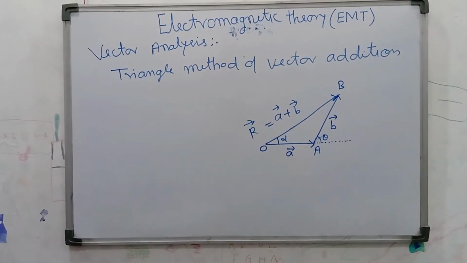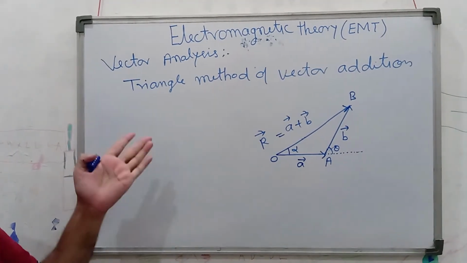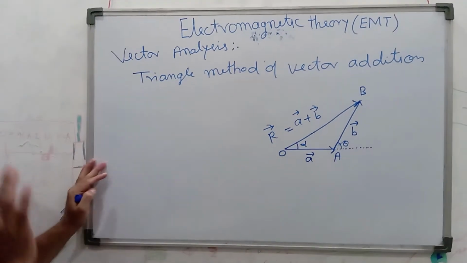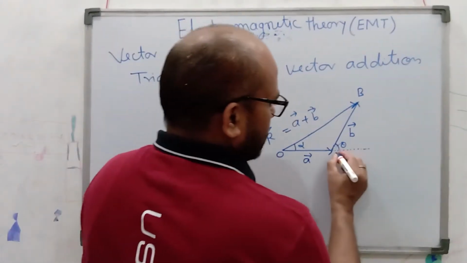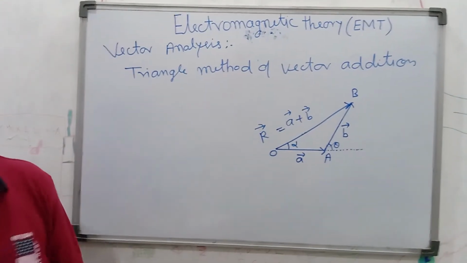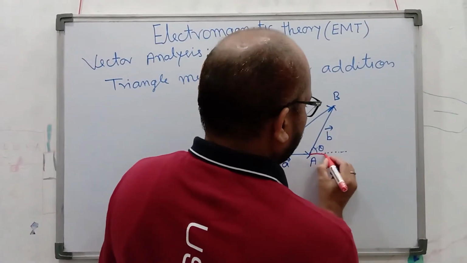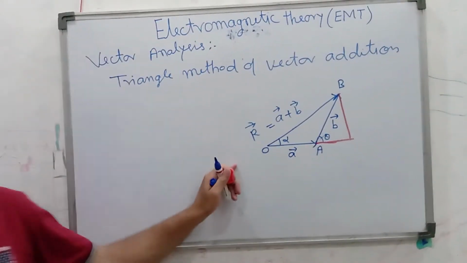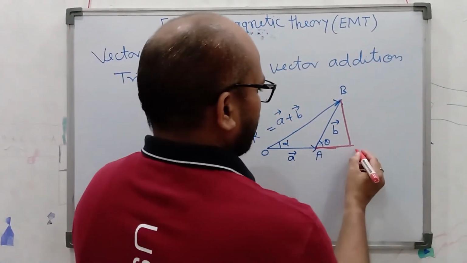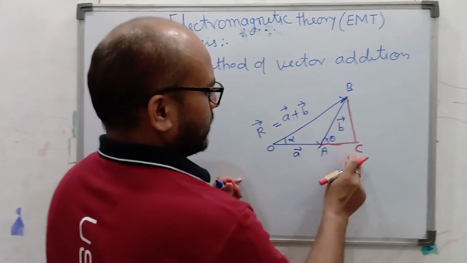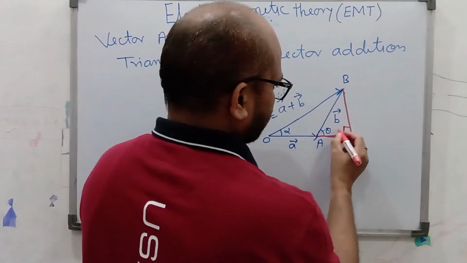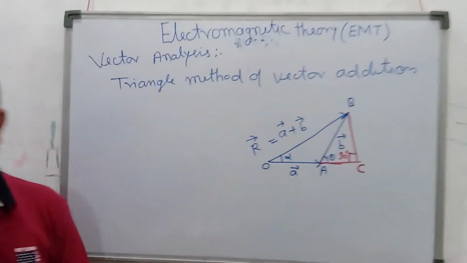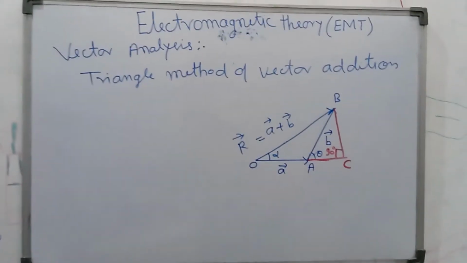Let us consider OAB as a triangle, right? Now you can see here this line is drawn perpendicular. Suppose OCB is a right angle, 90 degrees.